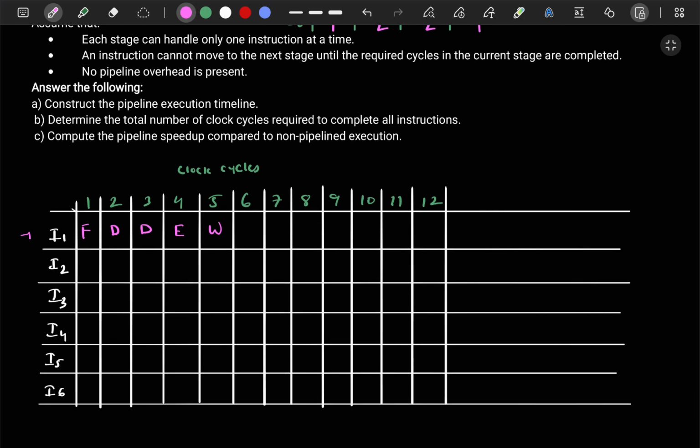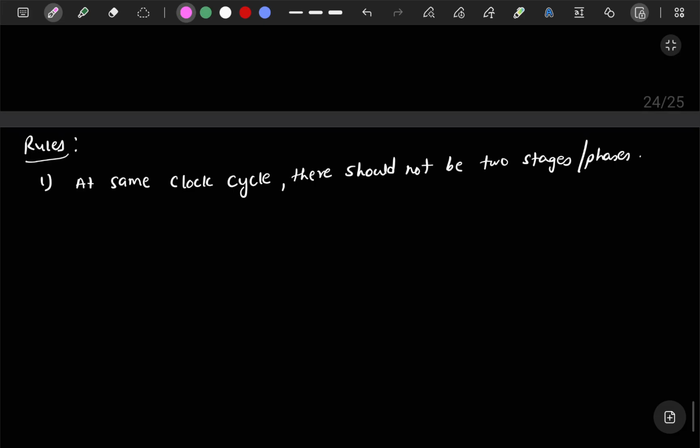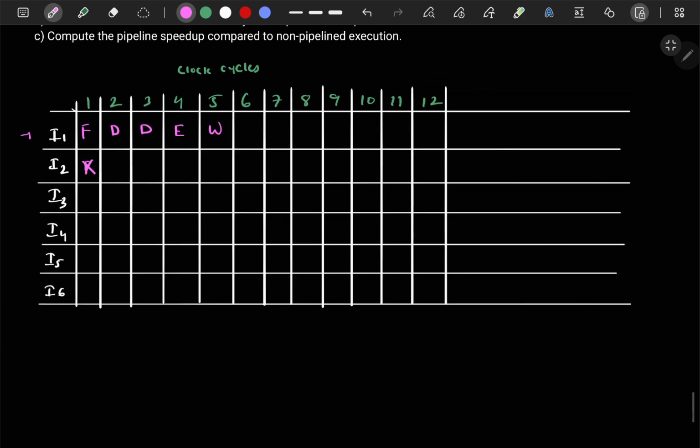You might be thinking, where should I start the fetch? Don't start fetch from here, this is wrong. For that you have to understand these notes, which I had already written: at the same clock cycle there should not be two stages or phases. You can't use two stages in the same clock cycle. So you can't start a fetch here, because fetch is being used by I1 at clock 1.